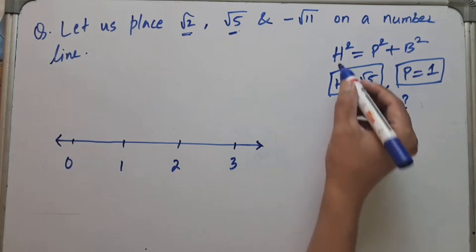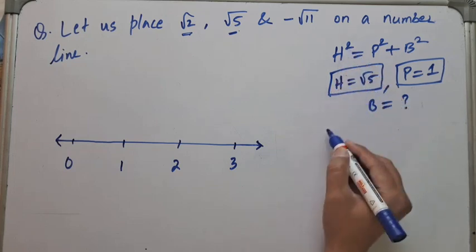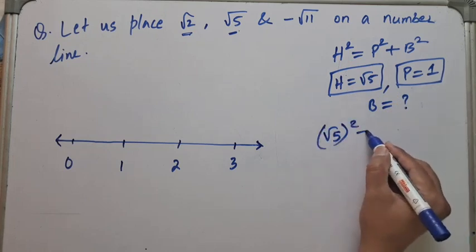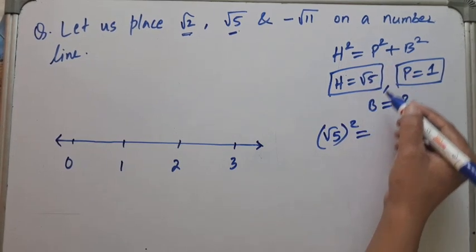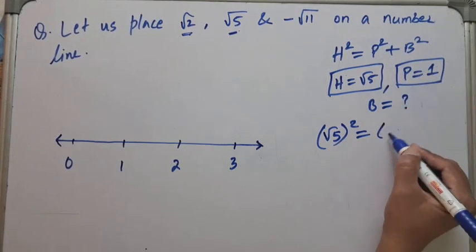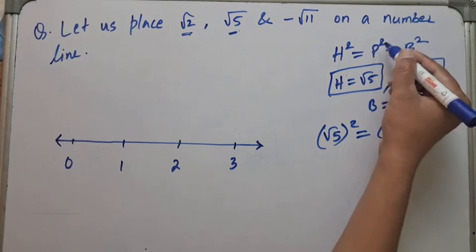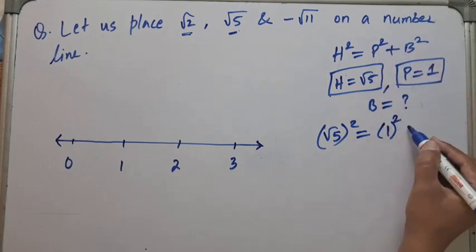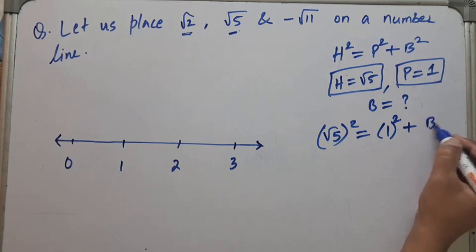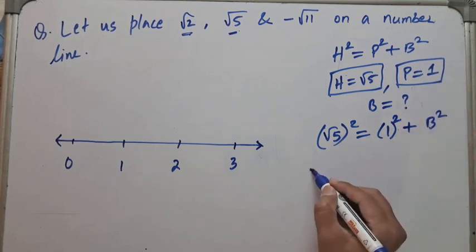So h is root 5, so root 5 square equals perpendicular square plus base square. Perpendicular is 1, so we write 1 square, plus base square, since we do not know the base.